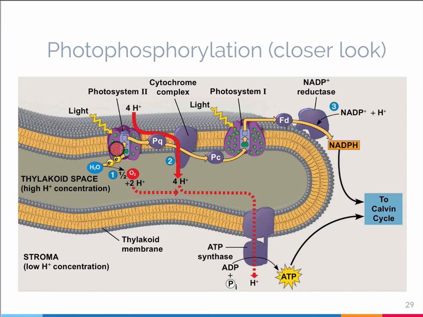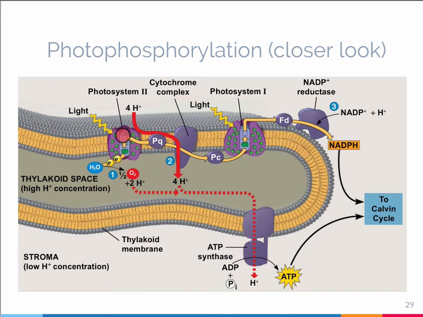Light hits photosystem 2, electrons are excited until they eventually reach the special pair of P680 chlorophyll molecules, which give up their excited electrons to the primary electron acceptor. In order to make sure that P680 doesn't run out of its electrons, water is used to replace them. So water is oxidized when it gives up those electrons and is released as oxygen, a waste product.